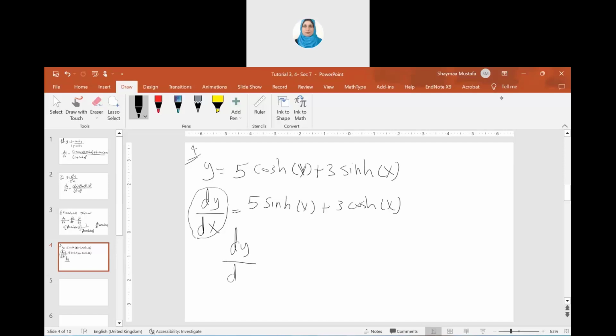You have to put dy over dx equal to 0. When you put this one equal to 0, then you can get, after simplification, that tan x is equal to minus 5 over 3. Minus, sorry, no.